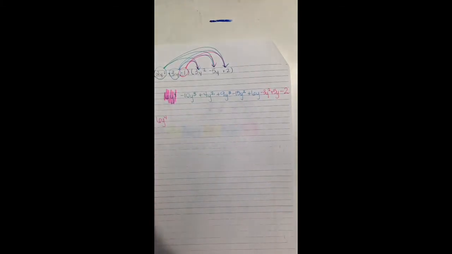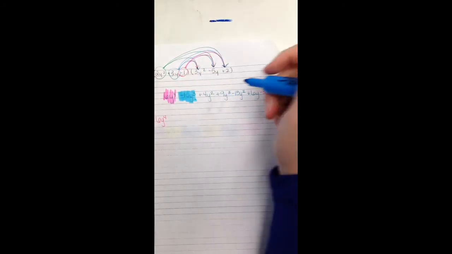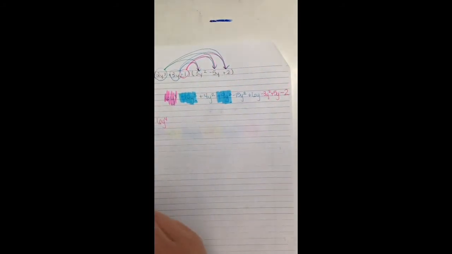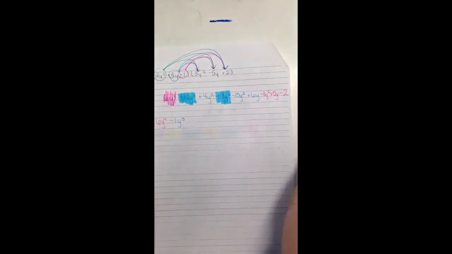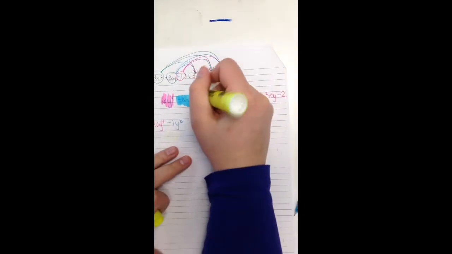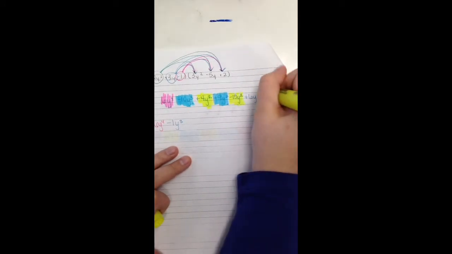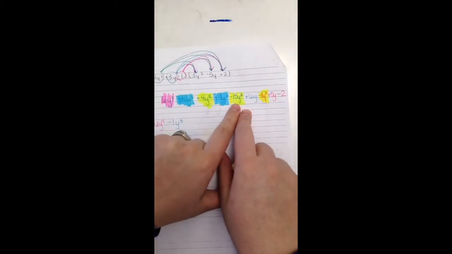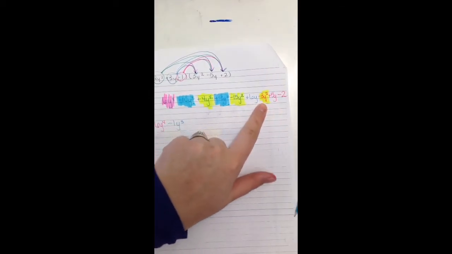I have minus 10y cubed, positive 9y cubed, and that's it. So I combine those. I have negative 1y cubed. Then I have 4y squared, negative 15y squared, and negative 3y squared. So positive 4 minus 15 gives me negative 11, minus 3 gives me negative 14.